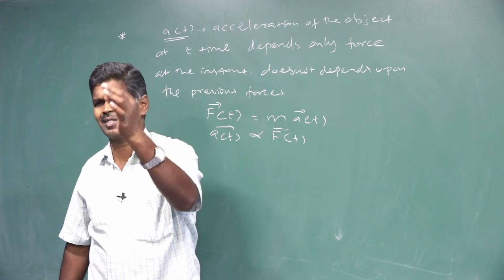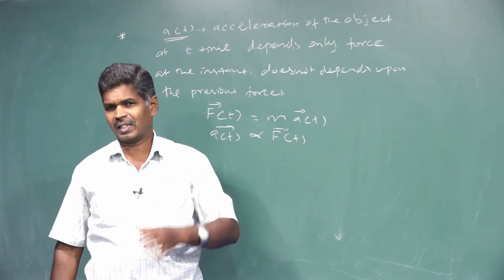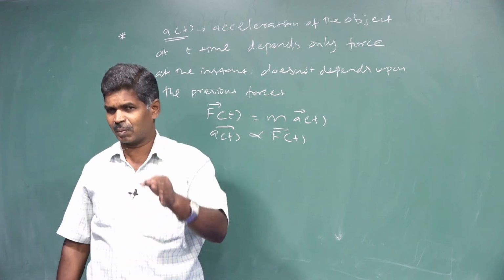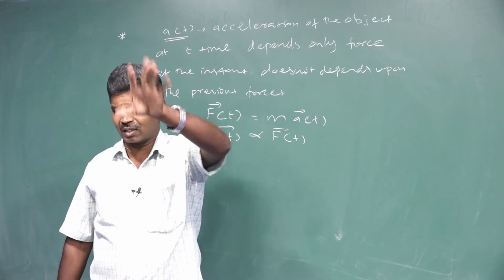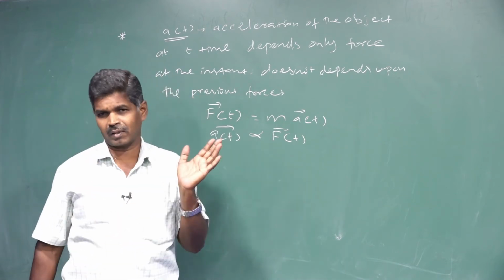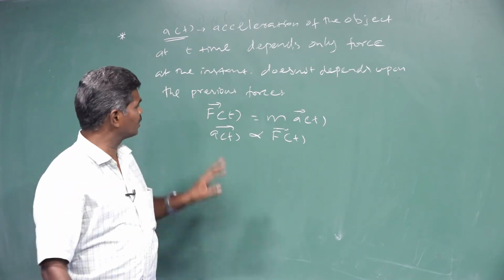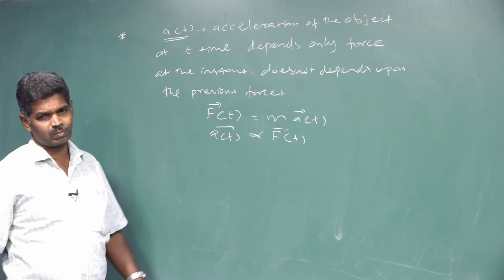That is one of the simplest examples. Acceleration of an object at any instant depends upon the force acting at that instant itself, not on the previous one. That is the second point we have.